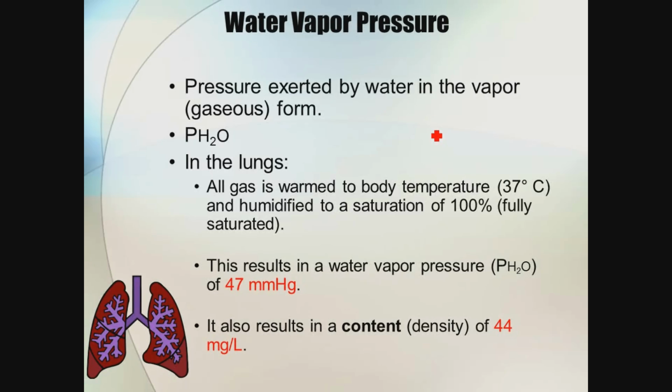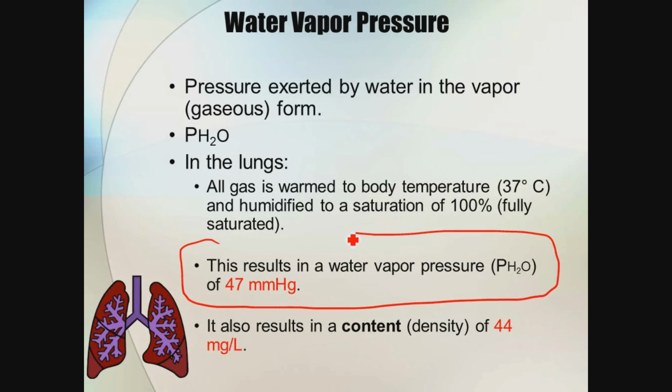Okay. Normally we do account for water vapor, and we know that at the fully saturated point, that isothermal saturation boundary just beyond the carina, we're warm to 37, we're humidified to 100%, and the key one we want to remember here is that it yields a partial pressure of 47.